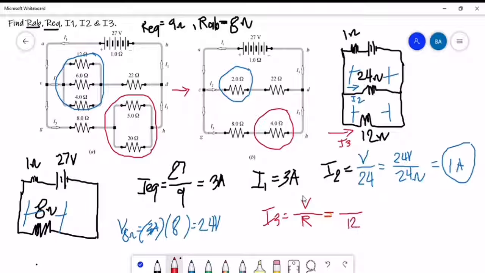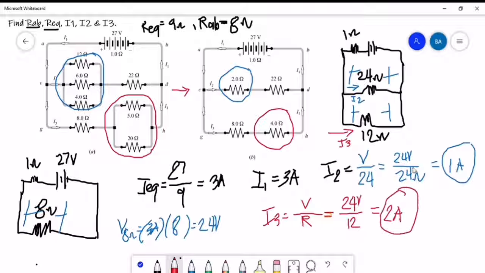Then the voltage that you will be using is the same, which is 24 volts. Why? Because the voltage drop across here, which is 24 volts, is also the same as the voltage drop across here, because they are connected in parallel. So at this point we could say that our I sub 3 will be equal to 2 amperes.